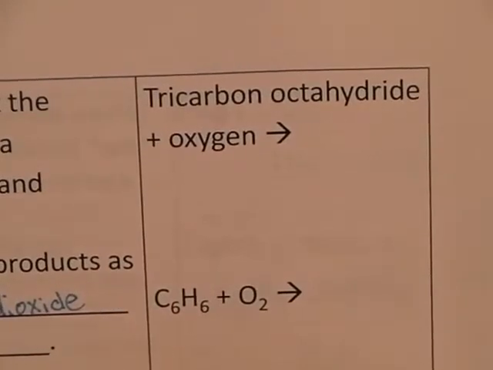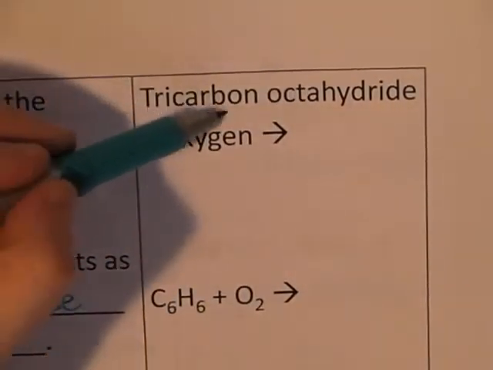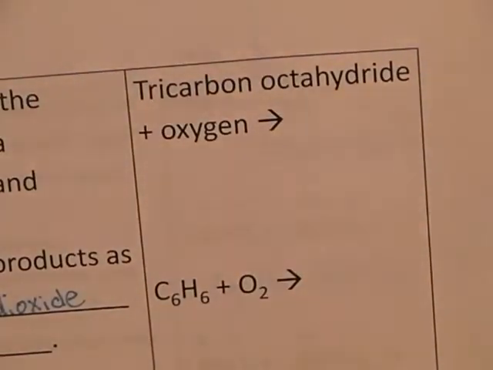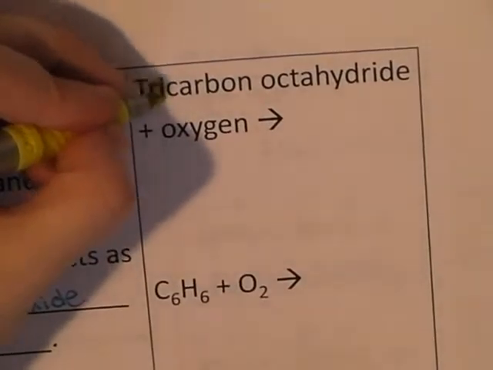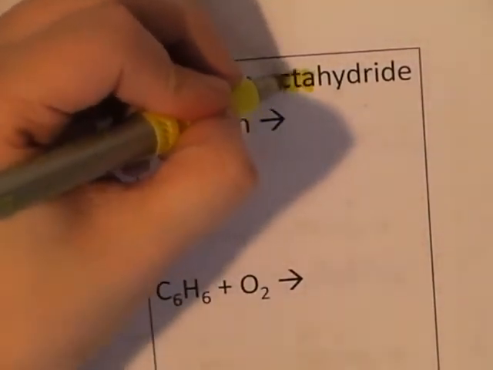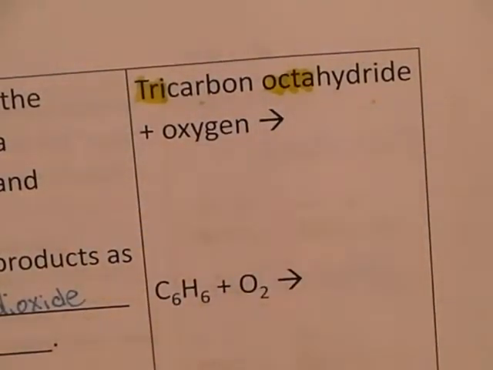Okay? So let's rewrite this in formula form. So tricarbon octahydride. Right? A couple of things to notice. Carbon and hydrogen, so it's a hydrocarbon.